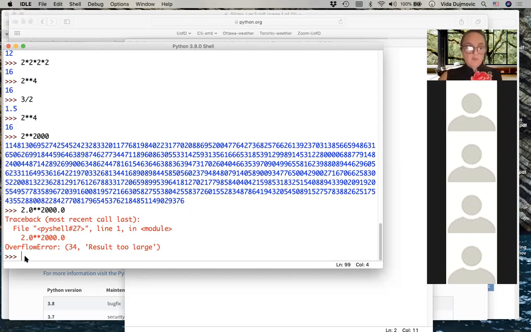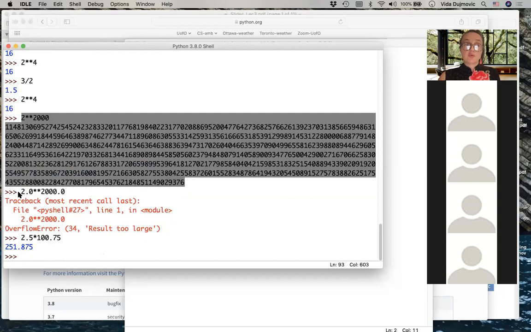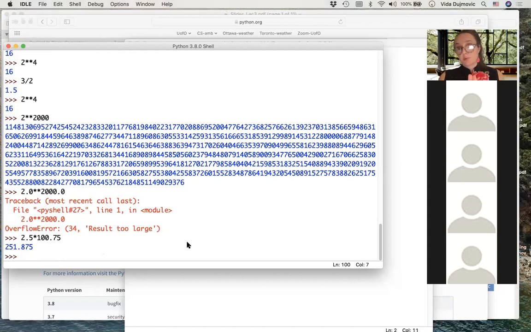Let me give you 2.5 times 100.75. So we are working with real numbers. The difference, why it was able to handle this and not able to handle that, is in the way these data types are represented in the computer.